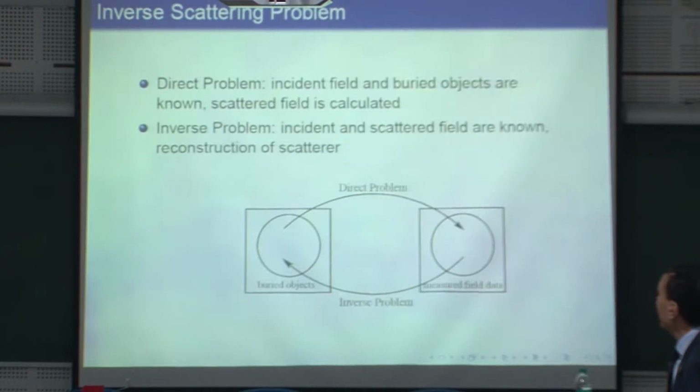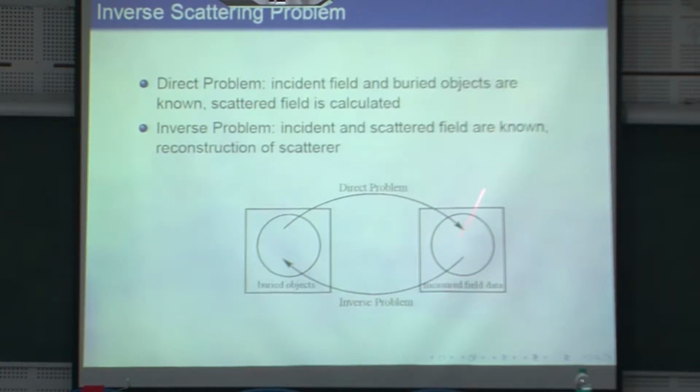Okay, I talk about the direct problem and the inverse problem. This is here a summary. Let us have a buried object and a measured data. Direct problem means I know everything. I know the ground, I know the buried object, and by solving the direct problem I can find out what are the measured data.